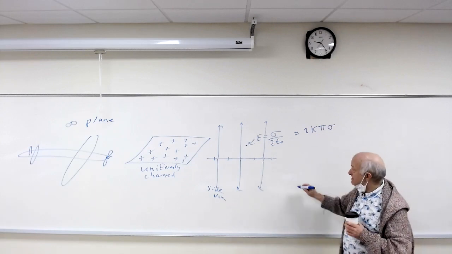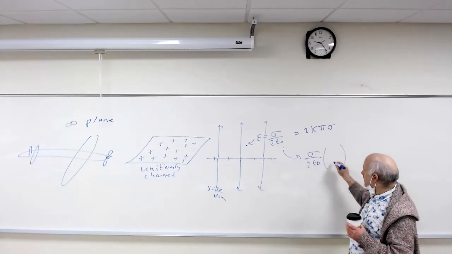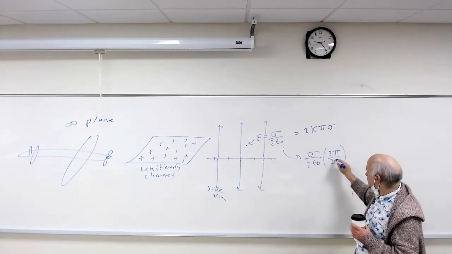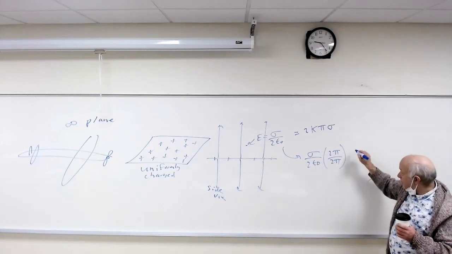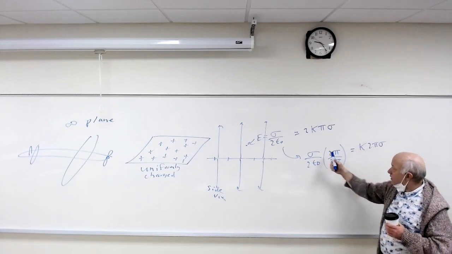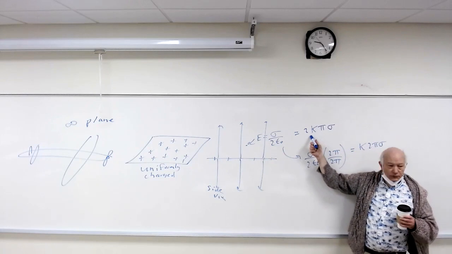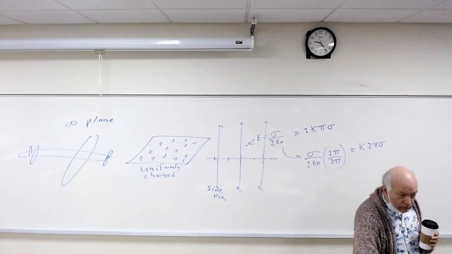They just multiplied the top and bottom by 2 pi. 4 pi epsilon naught is K, so this is your K. I'm always going to write it the other way, but just so you know, if you come across a book or someplace that writes it like this, that's all they've done here. Does that make sense? Yep. Okay.